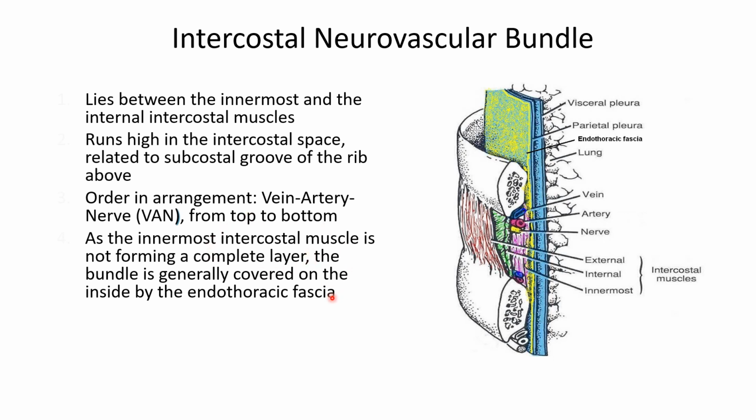Because of that, the neurovascular bundle is generally covered on the inner side by the endothoracic fascia. So now you have learned what is the intercostal space, the boundaries and the contents. Now we will go into the details of each of the contents in the next lecture.